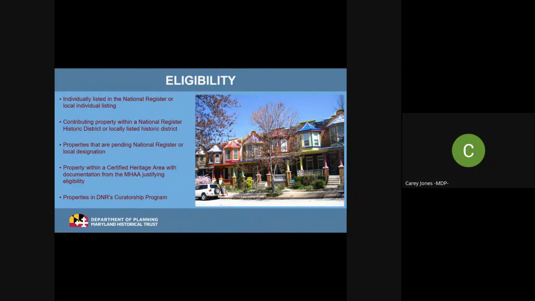If you have questions about if your house is eligible, you can check Medusa, MHT's website, or contact tax credit staff. Next slide, please.